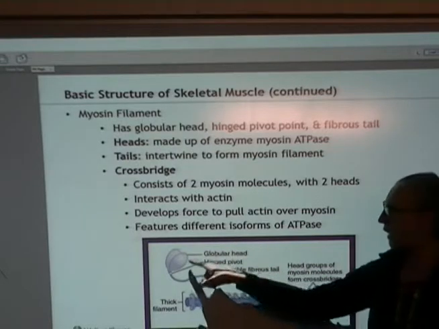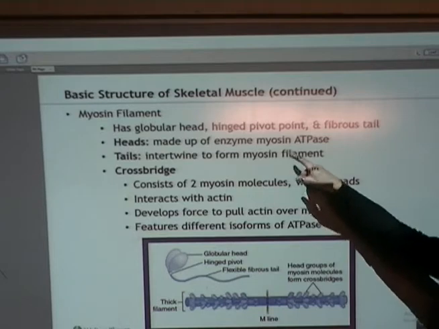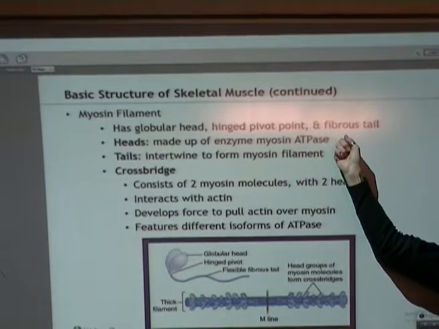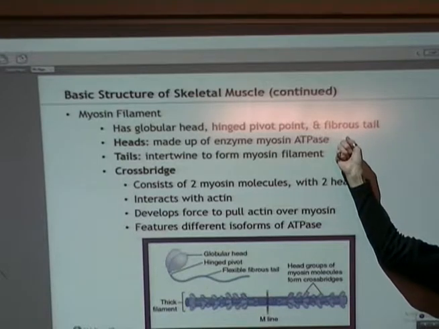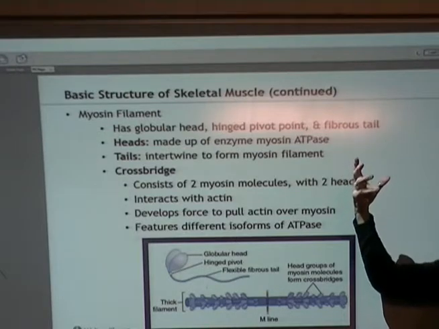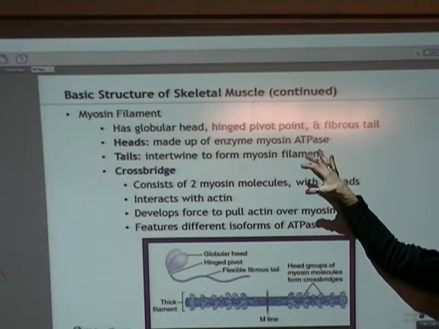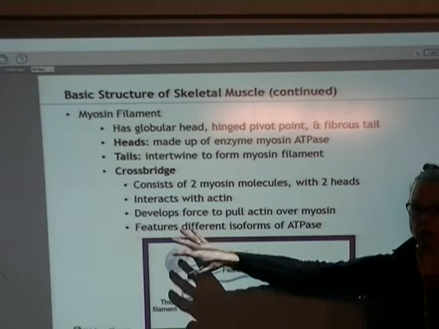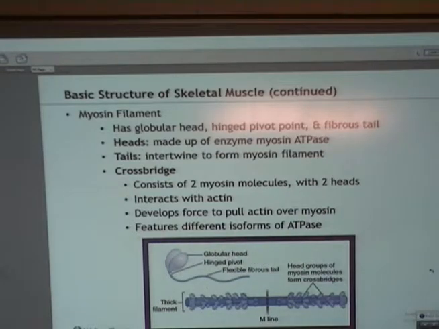Right? This head is made of myosin ATPase. Remember ATPase? ATPase is the enzyme that facilitates the breakdown of ATP to release energy. Right? So we see a lot of energy use in the head flipping.